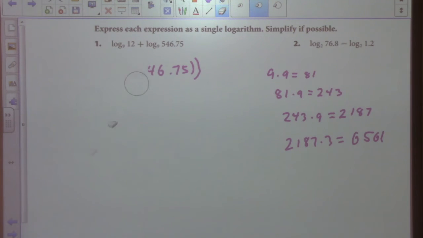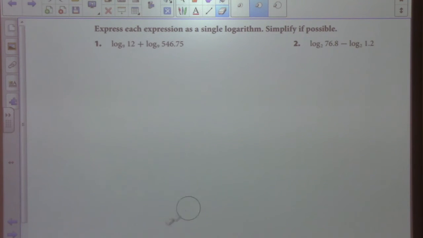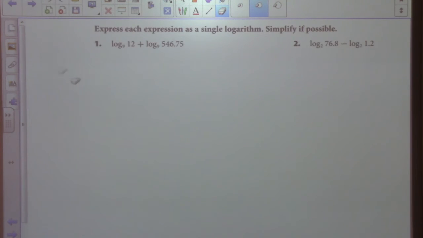And probably today we're going to try to get done 1 through 8. Oh, we didn't do this one here. Okay. So this one here, number 2. Did you work out number 2? Do you have anything for number 2 here?